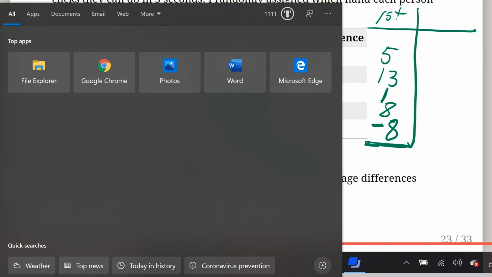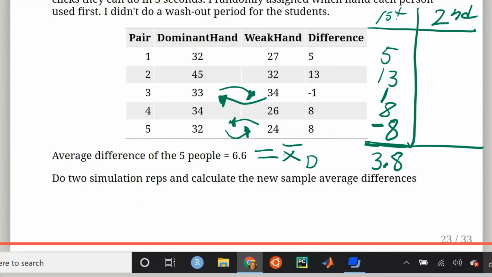Okay, let's do our second simulation. I'm going to write this simulation with an orange color.